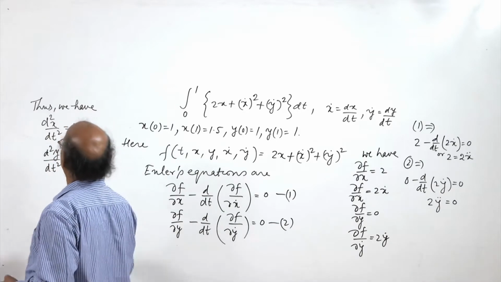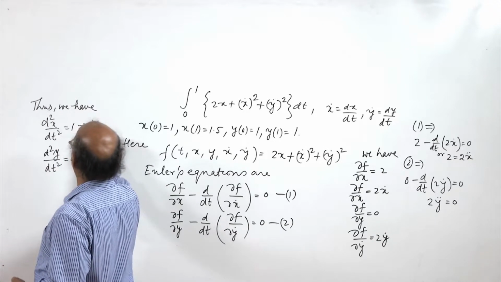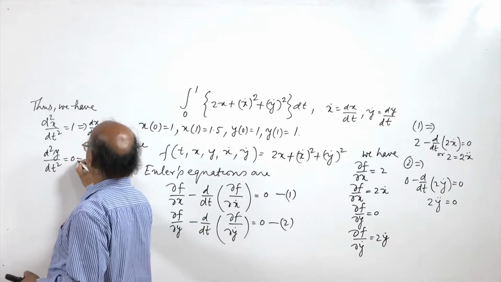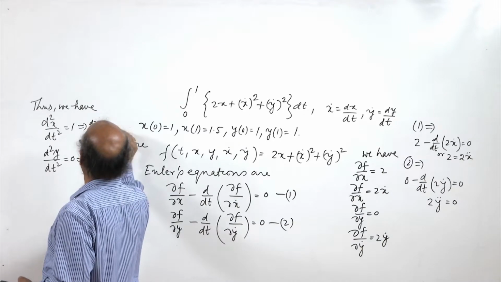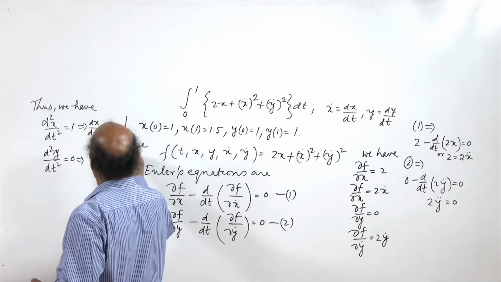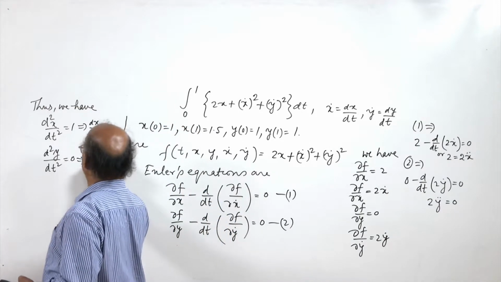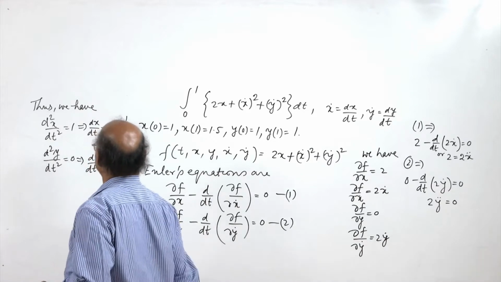Now when we integrate, dx by dt equals t plus some constant a, and here when we integrate we get dy by dt equal to some constant c.